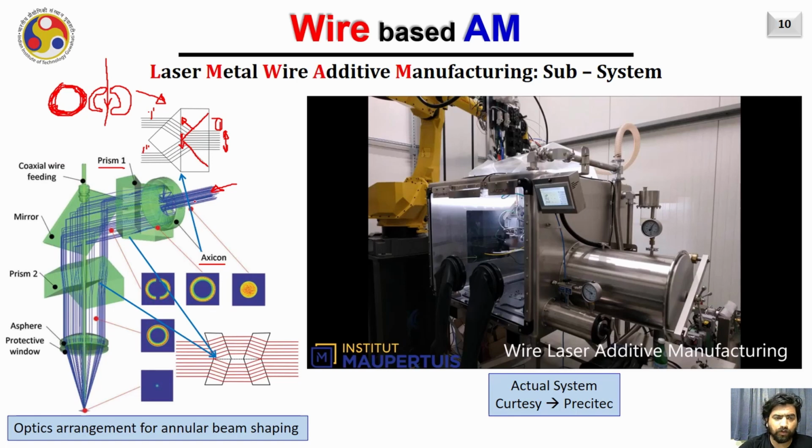So the laser beam going here is first converted into an annular shape beam after passing through a hexagon, and then it passes through a prism where the laser beam itself gets split. Then it strikes a mirror which is at 45 degrees and deflects these rays onto the bottom side.